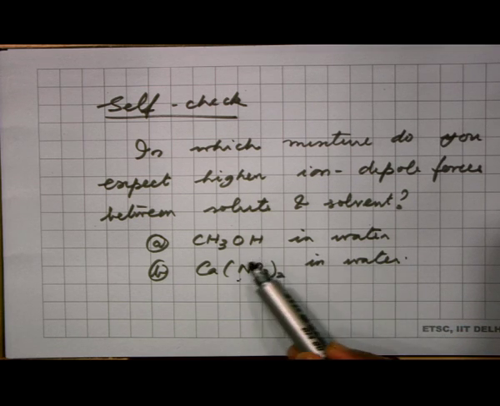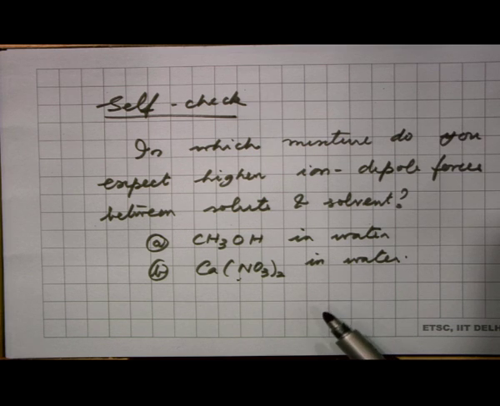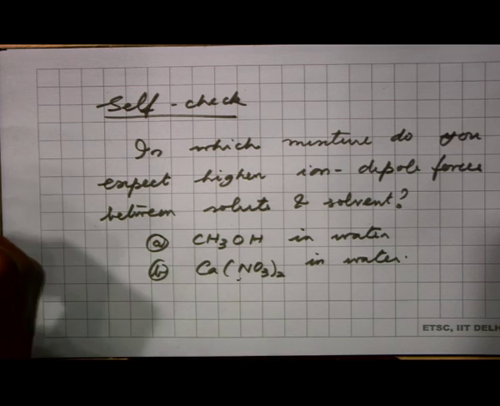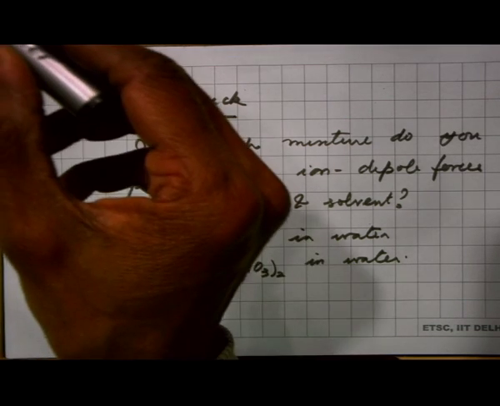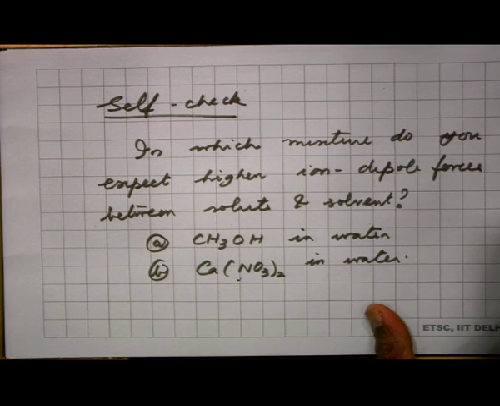So, you need to know the character of the solute from your previous knowledge of chemistry, and the one which will have smaller size or higher charge is going to have a higher interaction with water. And so, in that situation, that is the mixture in which the ion dipole forces will be higher. So, that is how you approach this problem.